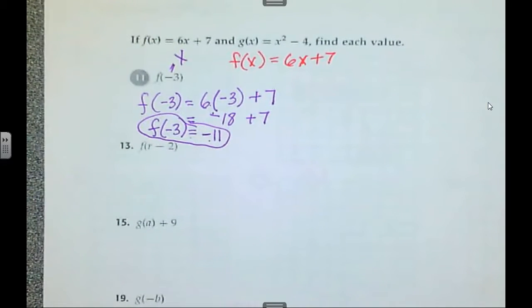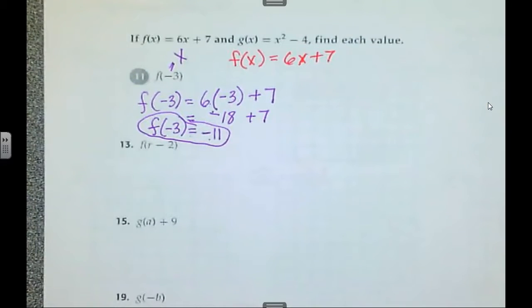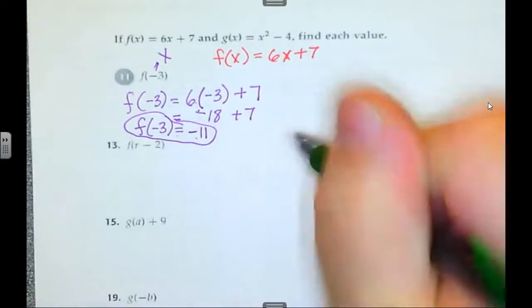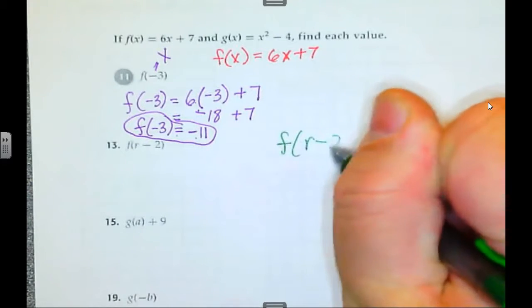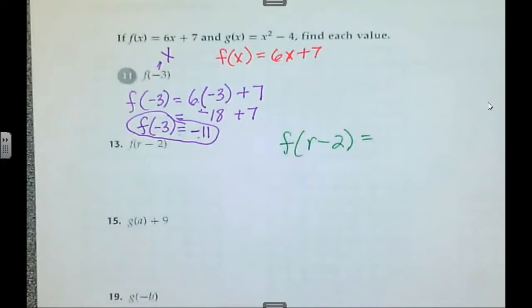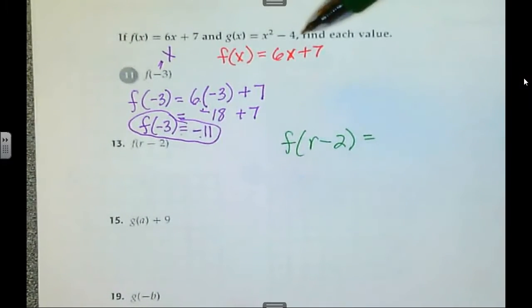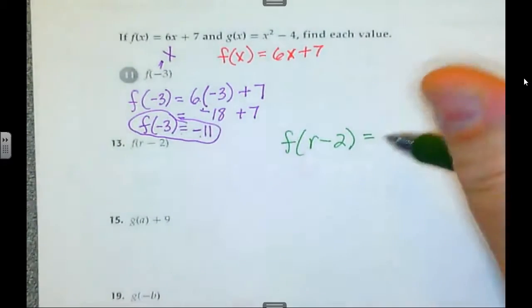What about the f of r minus 2? Dewey, help me out here. What's the f of r minus 2? Remember, I have to use the f function, so what do I start with here? 6, good.